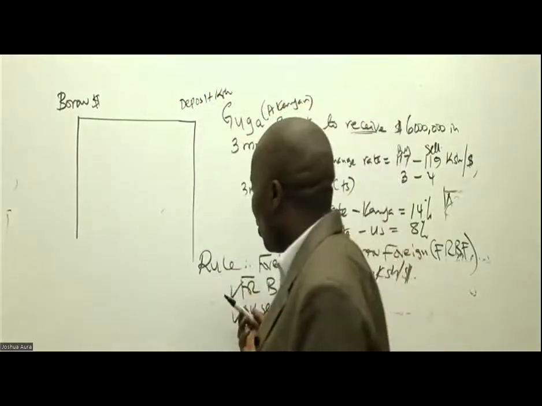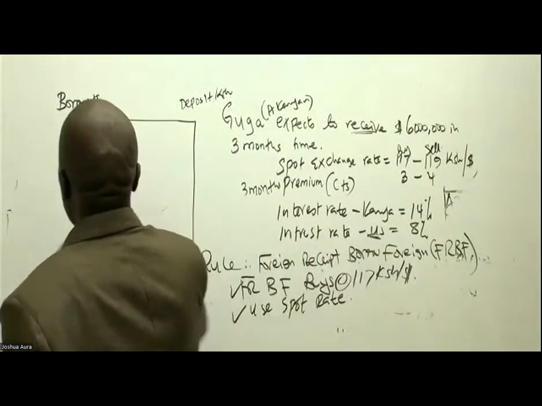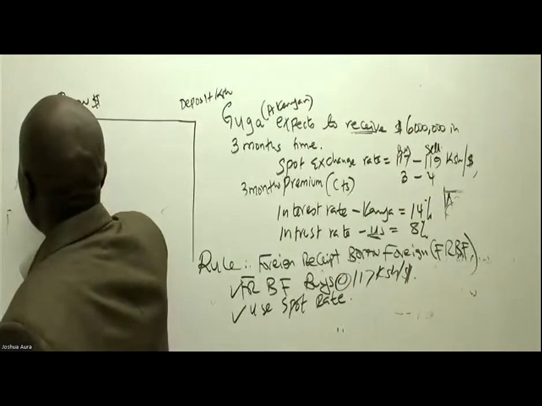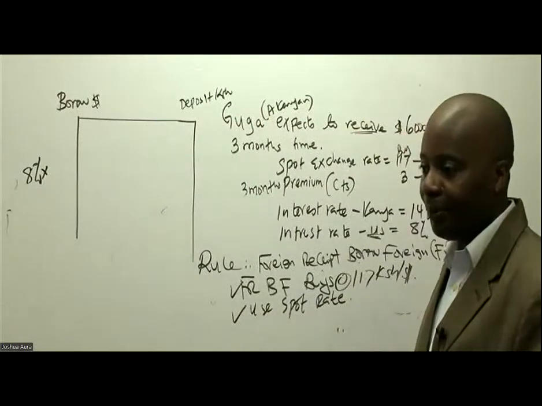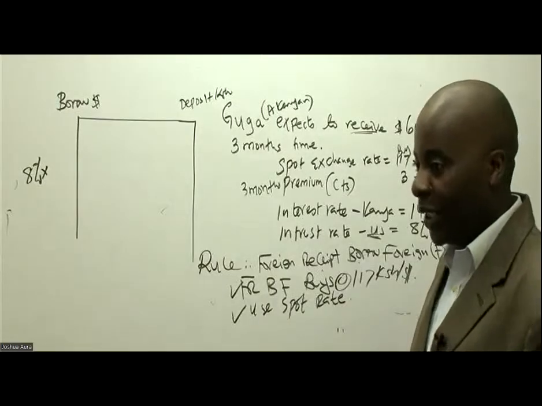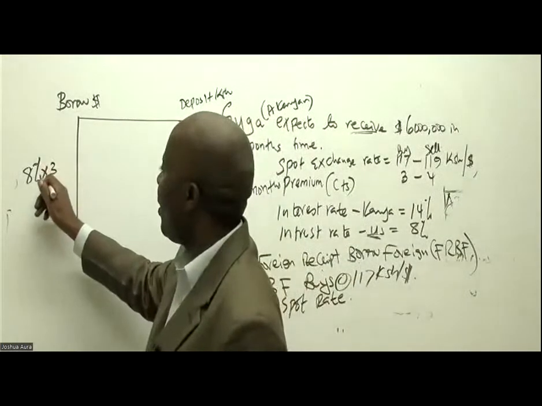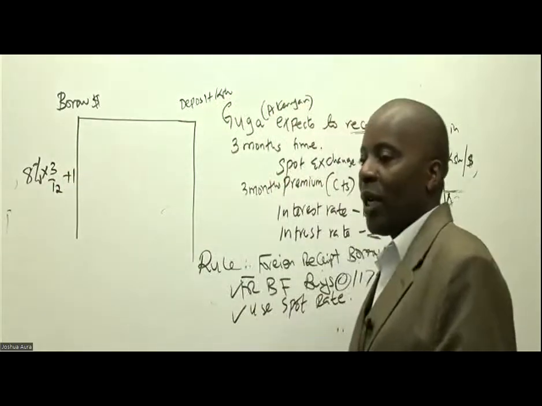Borrowing the dollar, we know the interest rate here, US dollar, is 8%. So 8% times what over what? Times 3 over 12, isn't it? Times 3 over 12 plus 1.